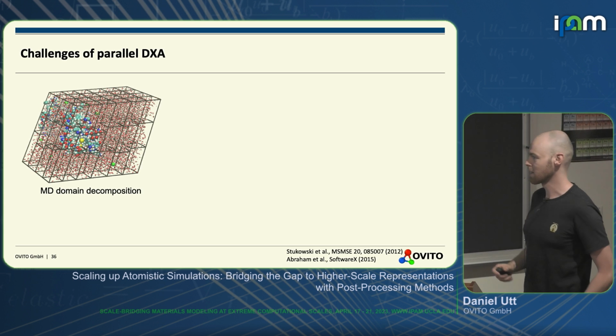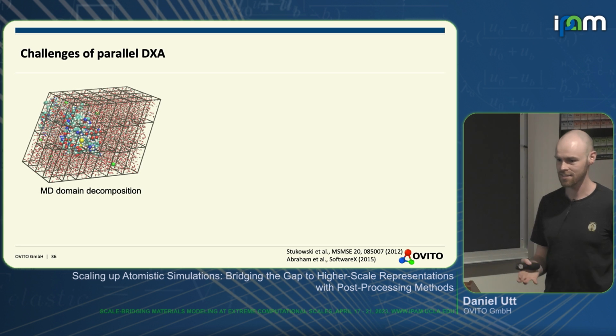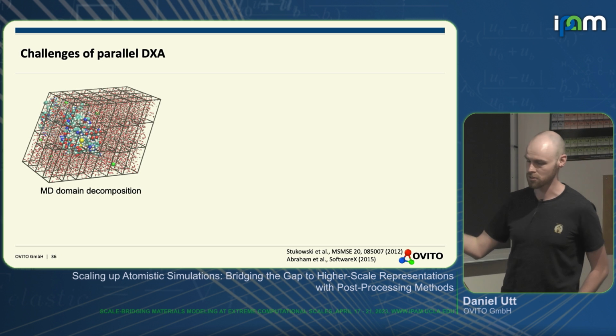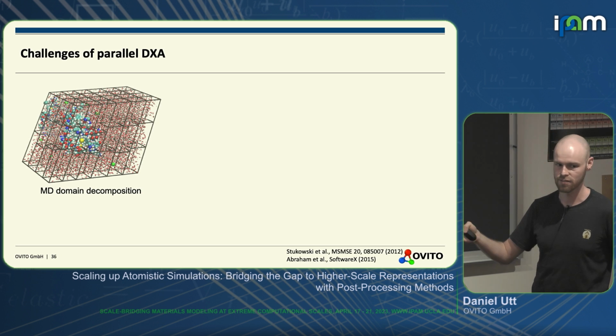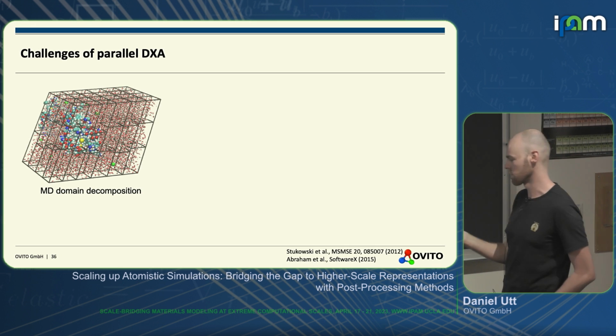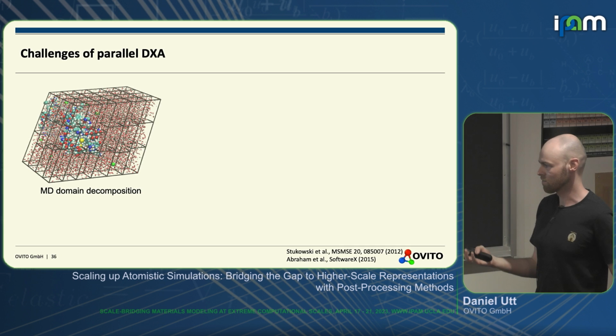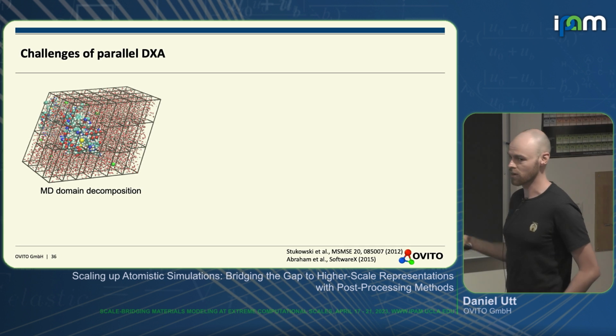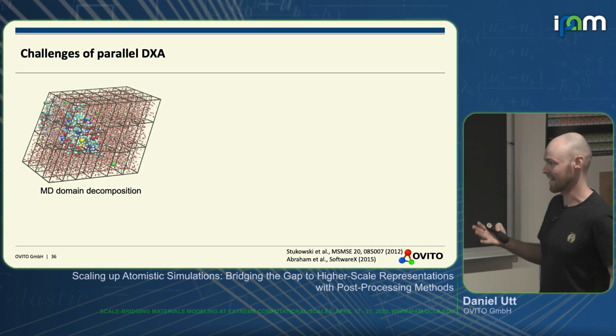So what is the challenge of parallel DXA? In an ideal sense, you don't want to do this in post-processing, because then you have saved all your data and wasted all your storage and all the time it took to output. You want to do it on the fly. That means you have to work with the data that the simulation actually gives you.